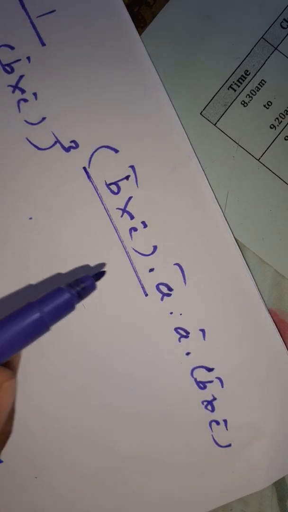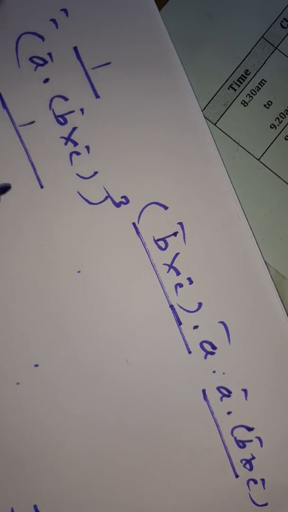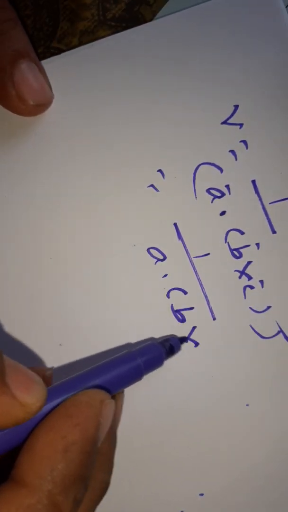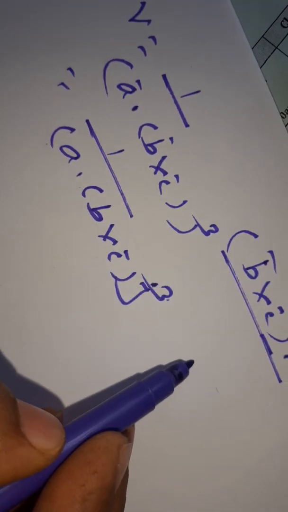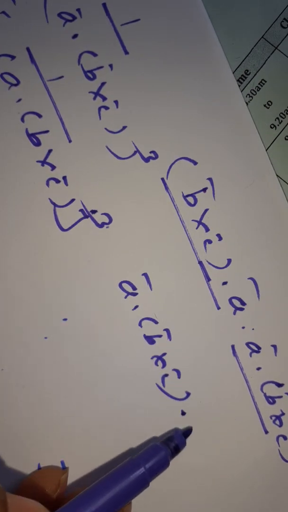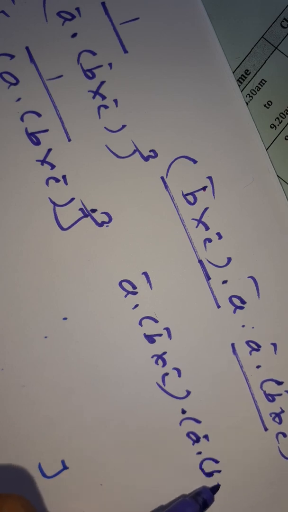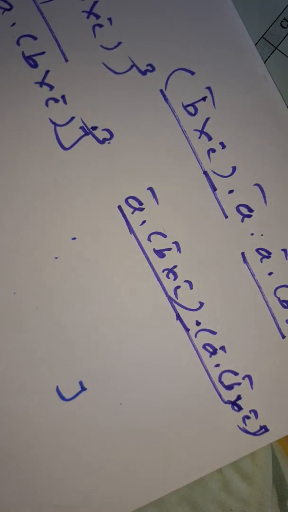Okay, so you should remember this and take this together. So we got 1 upon A dot B bar cross C bar, whole cube. You can write A bar dot B bar cross C bar dot A bar dot B bar cross C bar, which is equal to the square.